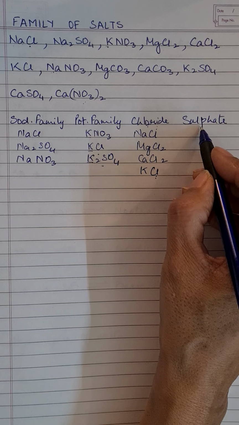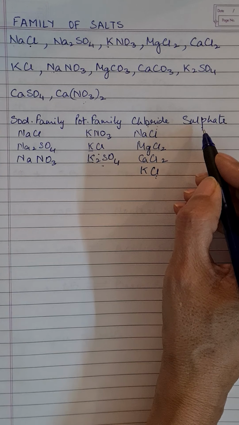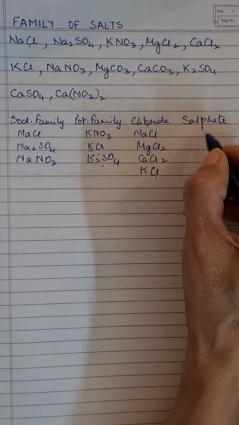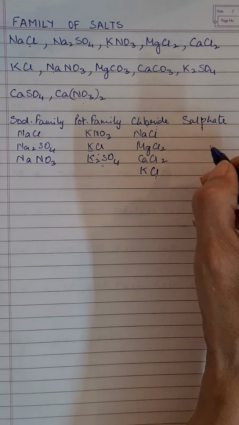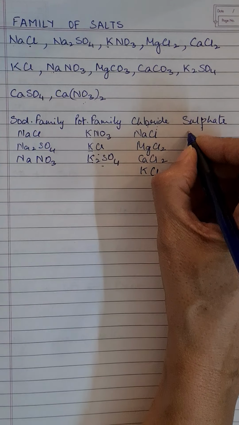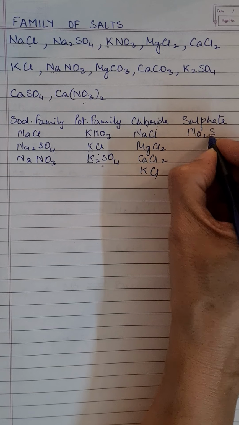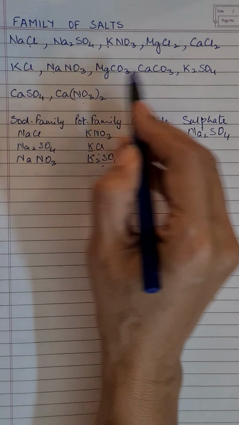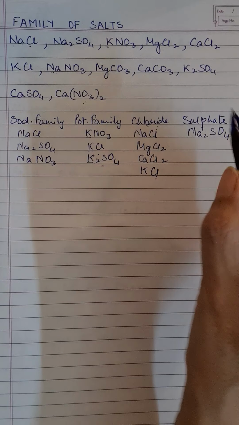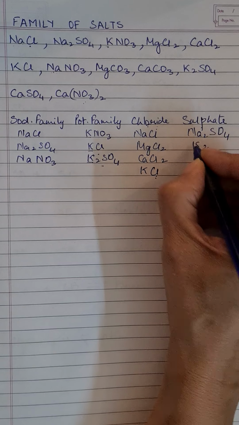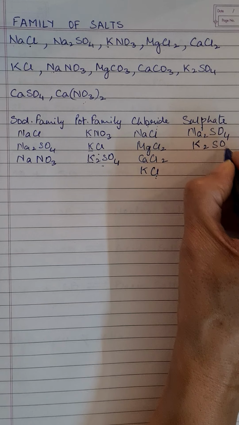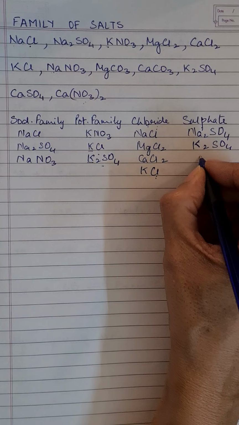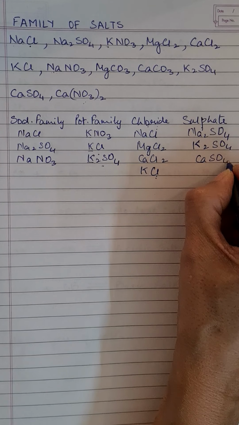Similarly, we could have a sulfate family also in all those salts where sulfate is the common anion. The first one being sodium sulfate. The next one would be potassium sulfate. And we would have calcium sulfate.